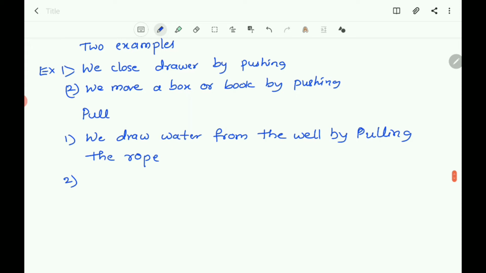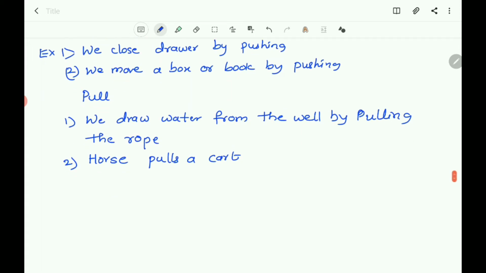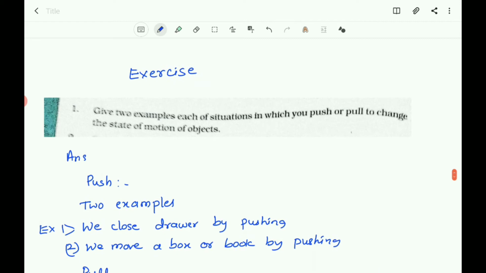Second, you know that here a horse or bullock pulls a cart. You can write, horse pulls a cart. Many examples you can give. These are the two situations. Here these two are the examples for each situation for push and pull.